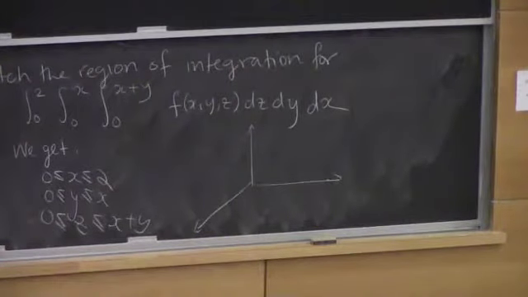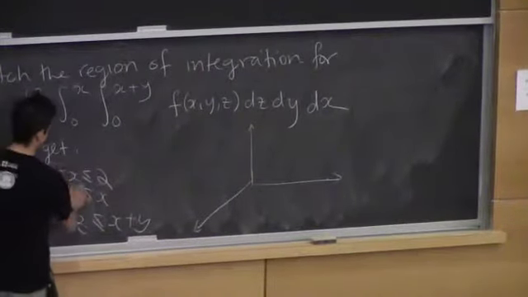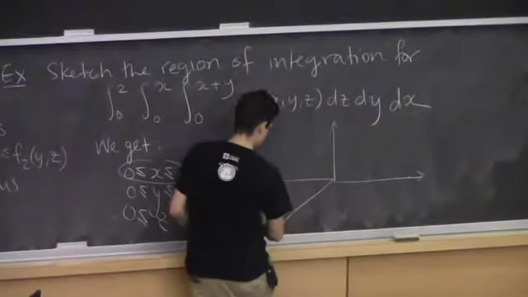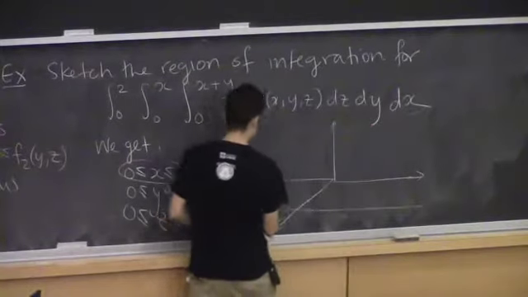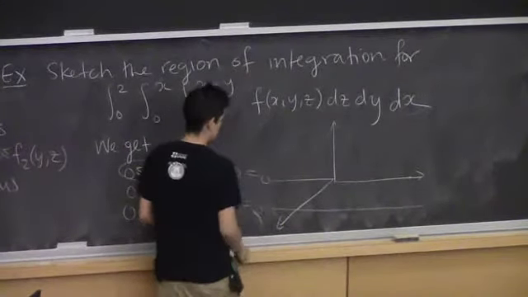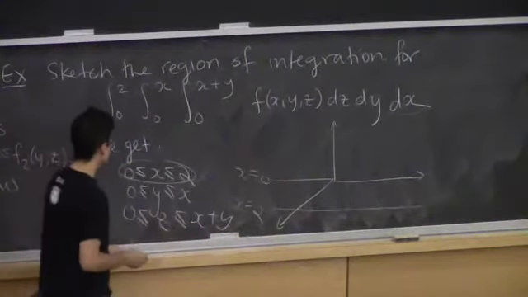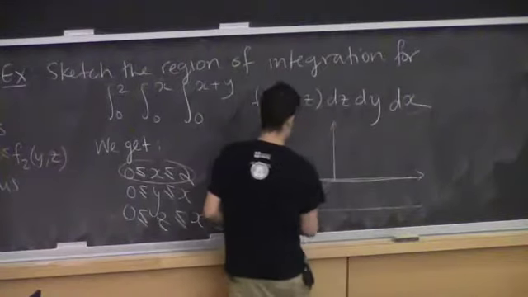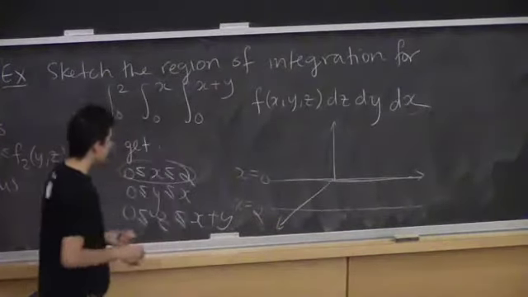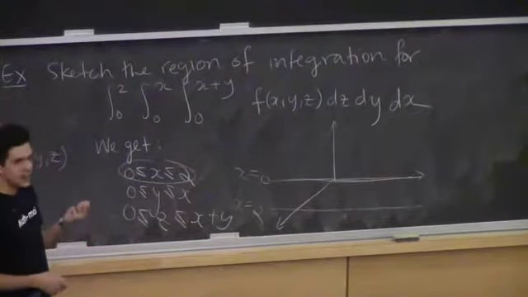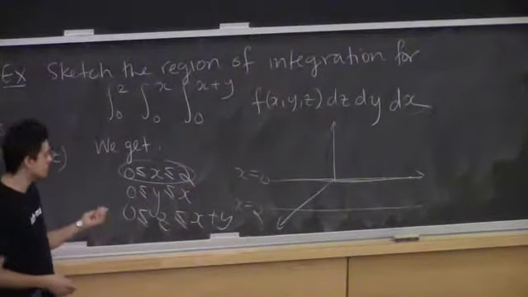Okay, so the first condition is this one in x. x equals 2, x equals 0. Okay, the next condition will look a little bit funny in the picture we're drawing.